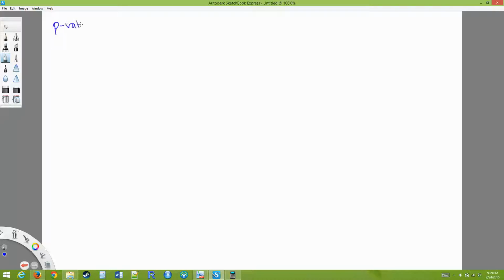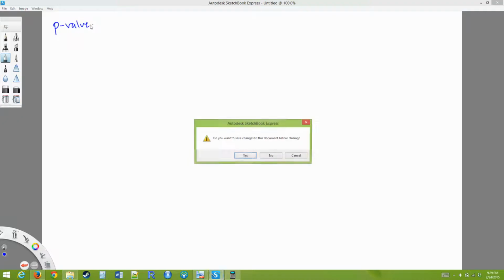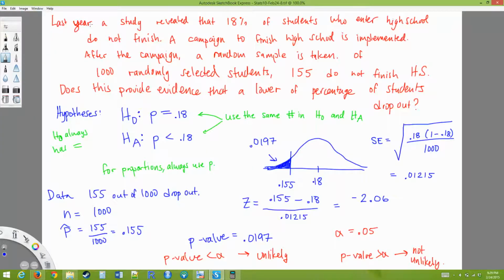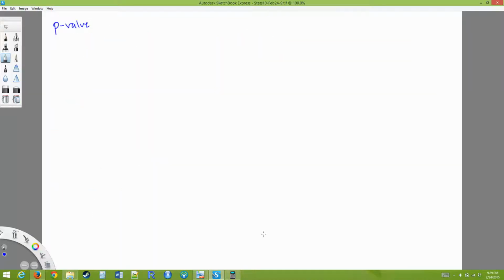In our last problem, we had a p-value of 0.0197, okay? And p-value is equal to 0.0197.